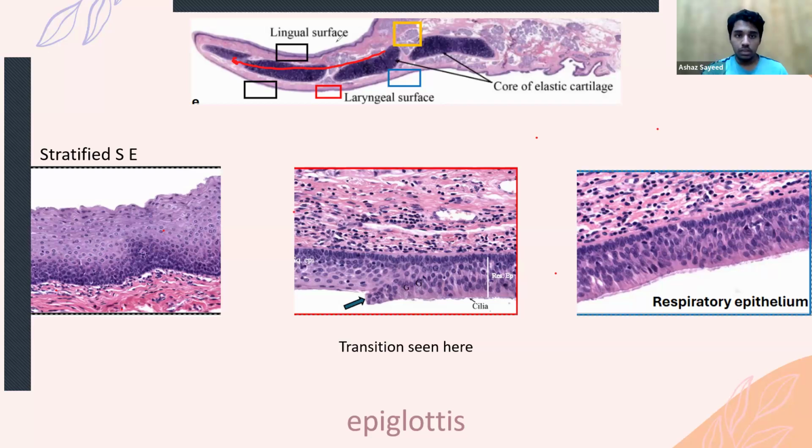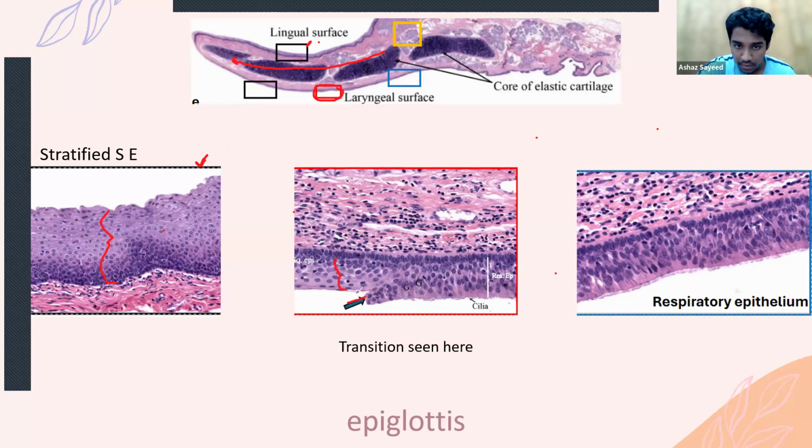If we talk about the lingual surface, follow this black box right here. Stratified squamous epithelium. Then we'll come to this side, the red box. Transition. So this right here was stratified squamous epithelium.